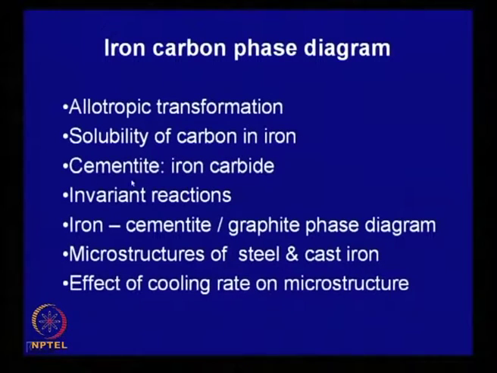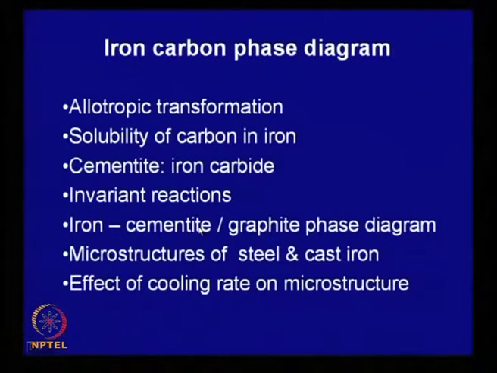We also will talk about the cementite phase, which is iron carbide. It has a definite composition, and because of the limited solubility of carbon in iron, in the iron carbon phase diagram we do get several invariant reactions. We will look at them. We will look at the iron cementite phase diagram to start with.